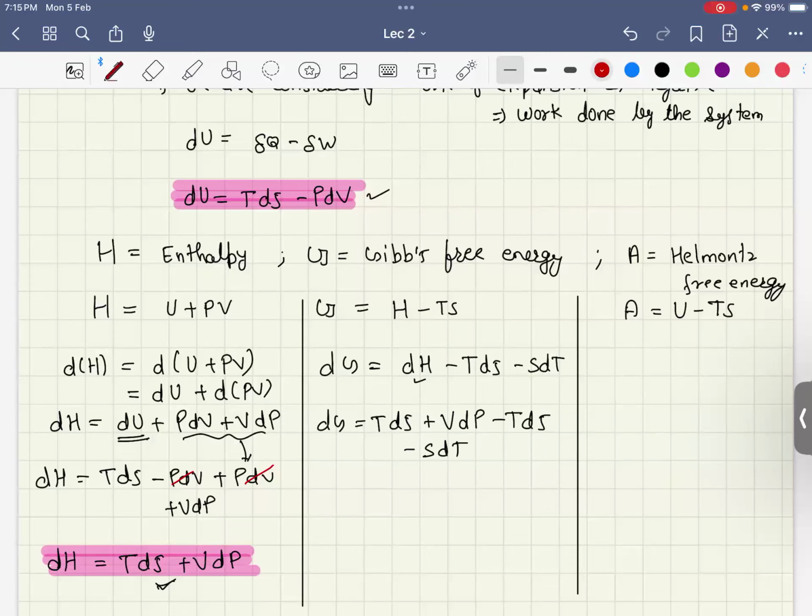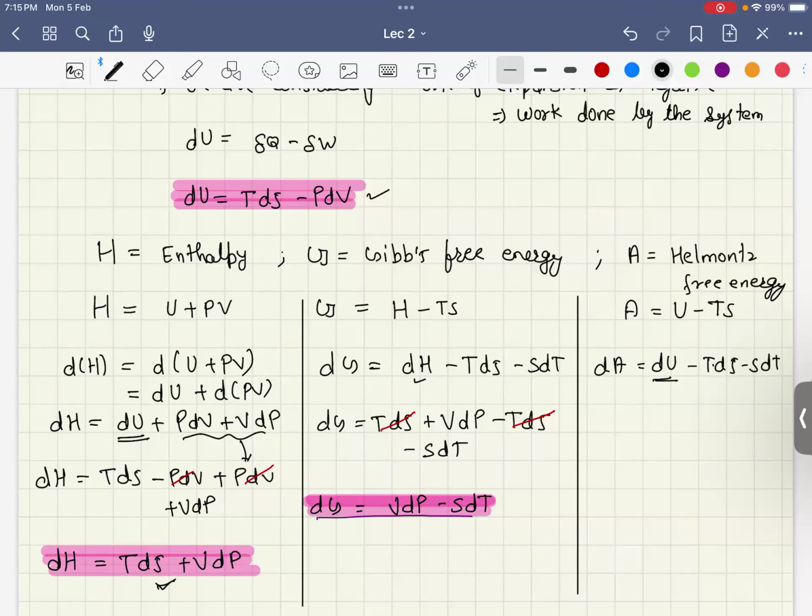Now again this gets cancelled, TdS, TdS. Okay. That means dG is equal to VdP minus SdT, right? This is also very important. In fact, this is one of the most important expressions, dG.